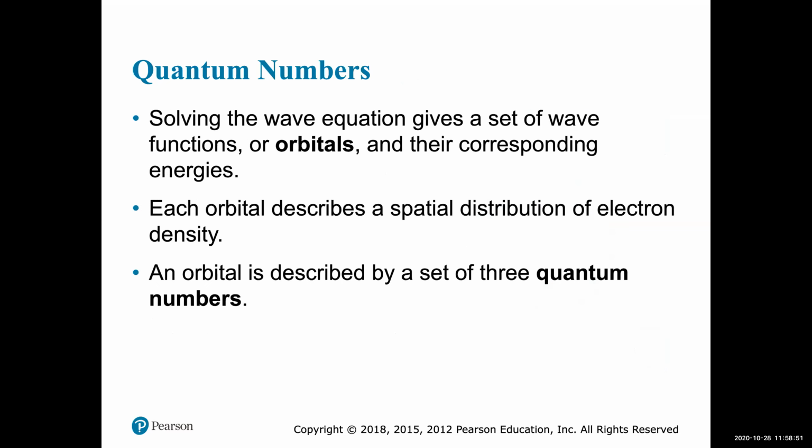So you solve these wave equations, which gives you the wave functions, which we call orbitals, and their corresponding energies. The orbitals describe the spatial distribution of the electrons, and we describe the orbital by a set of 3 quantum numbers. Let's discuss those quantum numbers for a bit.